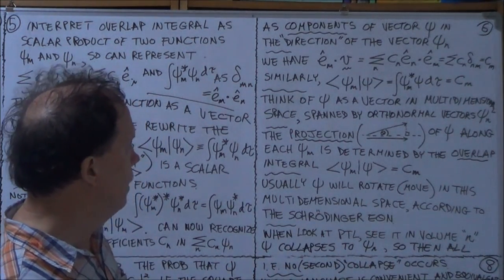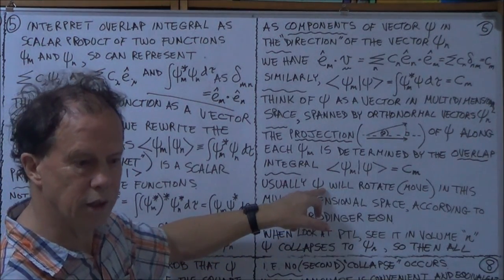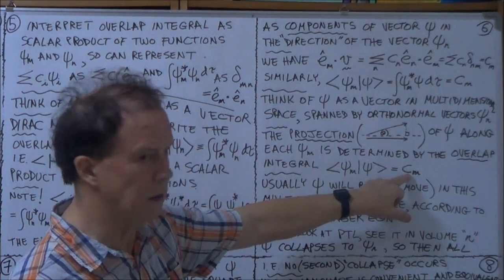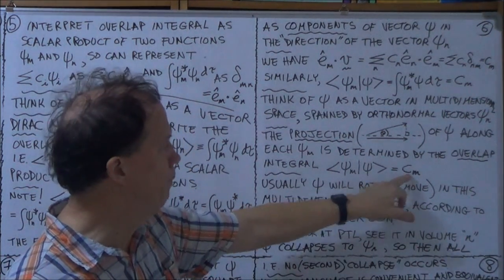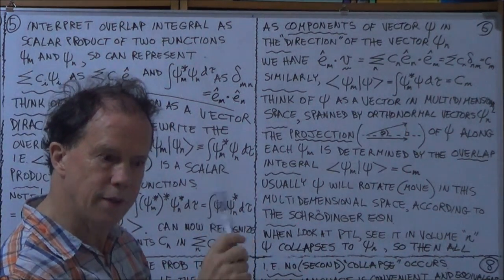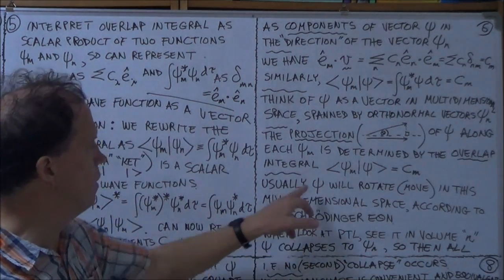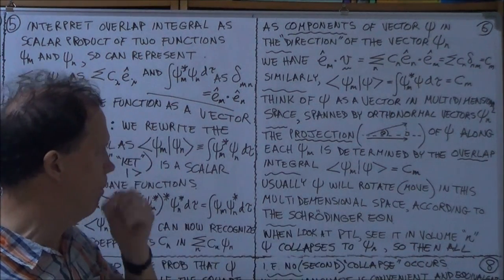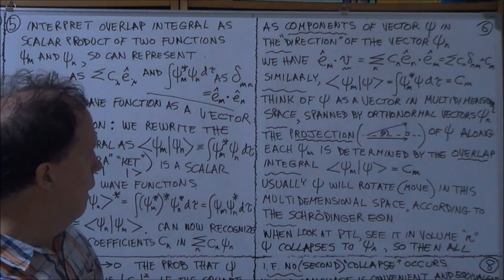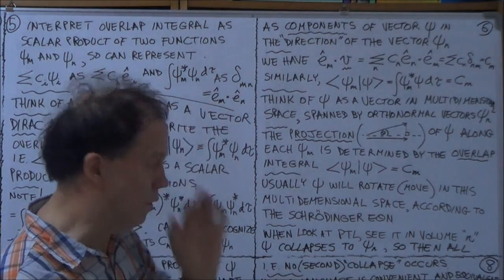If you look on this wave function as a vector, that means these components will change with time, and so your vector in vector space will be changing its direction.